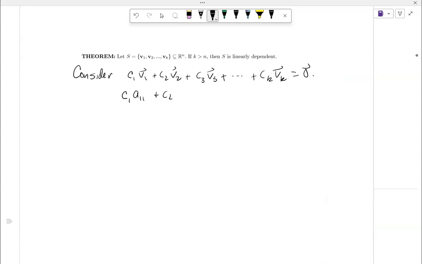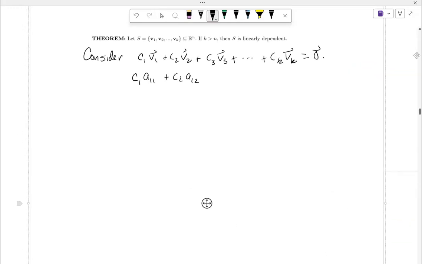And then I'll call this one A12. So this is the second vector first component. And so on down the line. This equates first components. We'll have another one that equates second components.